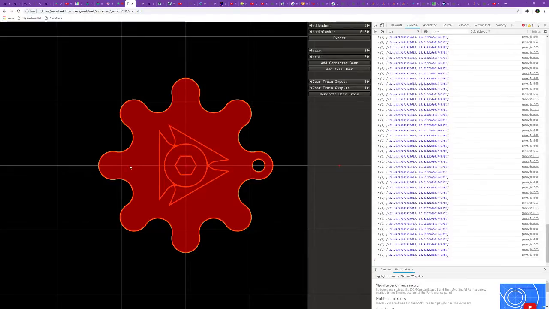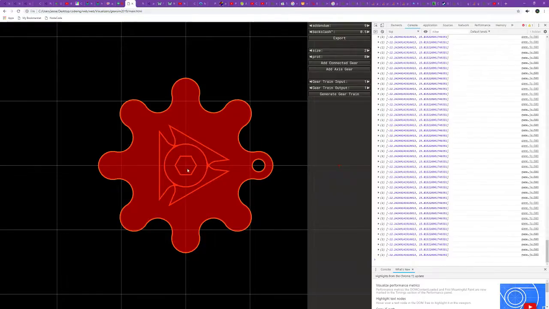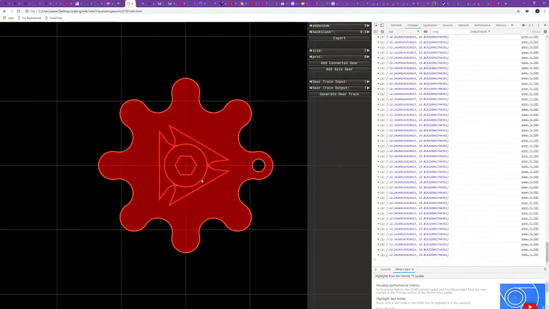Let's go again. So I have a point that is on this line by the distance of the hole size by the border size. The hole size, border size. This is where that is, and it's by 0. So let's go straight along with that location. We then want to make copies of it going around until 1/3 of a circle divided by 2 minus the radius of the curve.